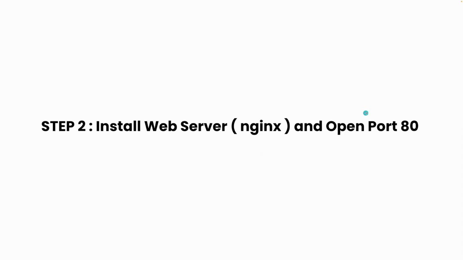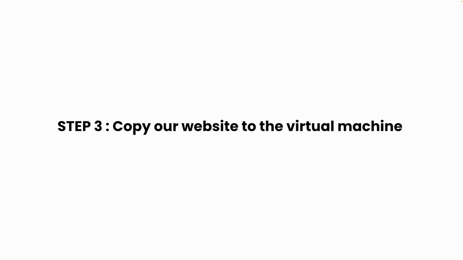The first step being for us to create the virtual machine itself, and then we'll go ahead and install a web server, that is Nginx, and open port 80, which will allow traffic from the internet to reach our web server. And finally, we'll create a simple website and copy this website into our web server. So let's get started.